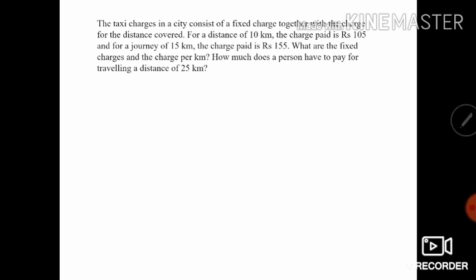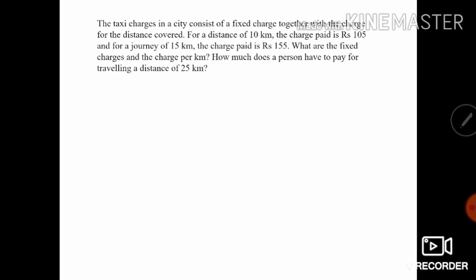Let us try to form equations for this word problem now. The taxi charge in a city consists of a fixed charge together with the charge for the distance covered. For a distance of 10 kilometers, the charge paid is rupees 105, and for a journey of 15 kilometers, the charge paid is rupees 155.